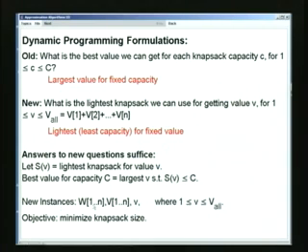We are going to have such questions for all different v's, and our objective is to minimize the knapsack size. So, it is this kind of question where we want the lightest knapsack for this fixed value v.